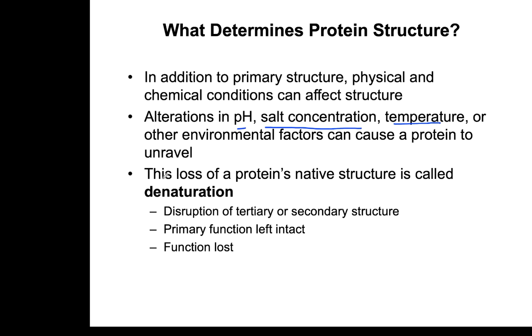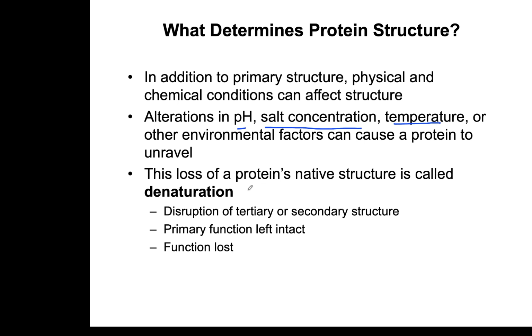This loss of a protein's native structure is called denaturation. If the secondary structure is not located in a proper pH environment, the secondary structure cannot form normal tertiary structure. Also, if the environment is at too high a temperature, the protein cannot fold correctly.